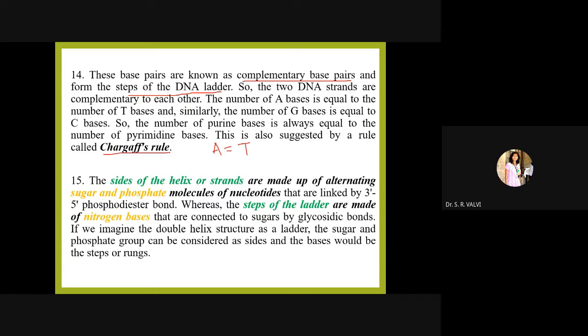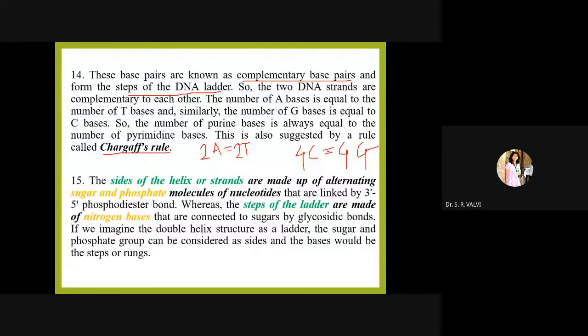What does Chargaff's rule say? The total number of purines is equal to the total number of pyrimidines. So if there are 2 adenine, there should be 2 thymine, right? If there are 4 cytosine, there must be 4 guanine, right? So likewise, this Chargaff rule is there.